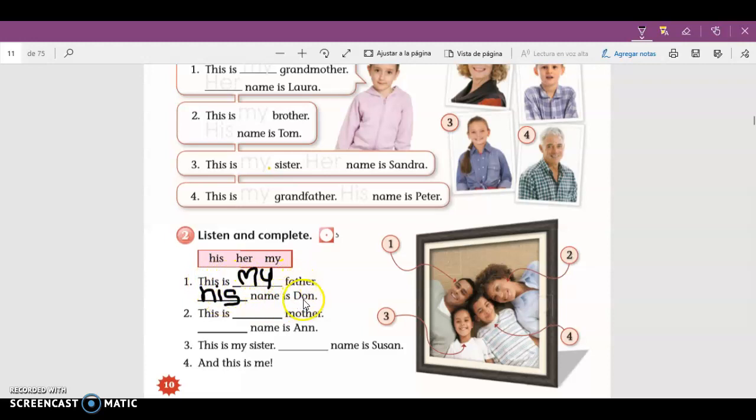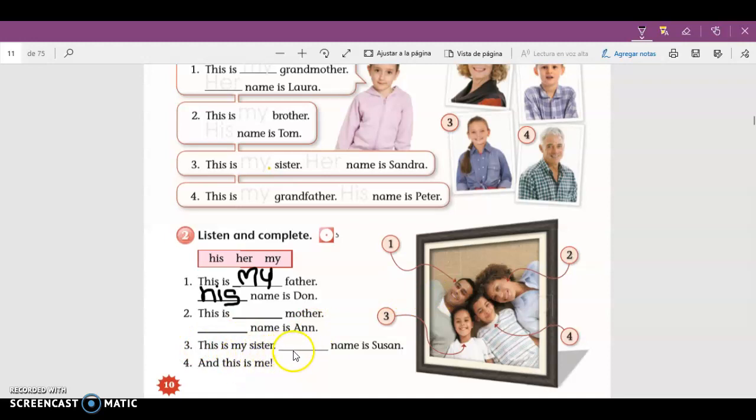His name is Don. Number 2. This is my mother. His or her? Can we use his or her? For mother, we use her. So this is my mother. Her name is Anne.